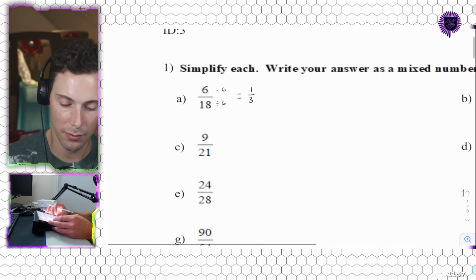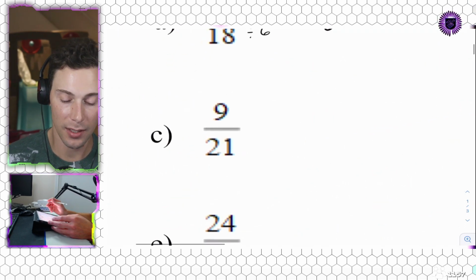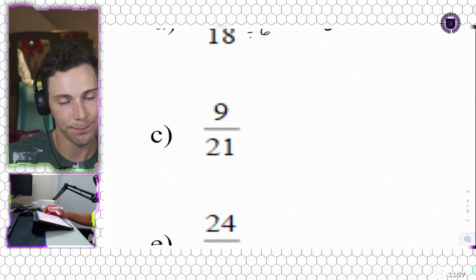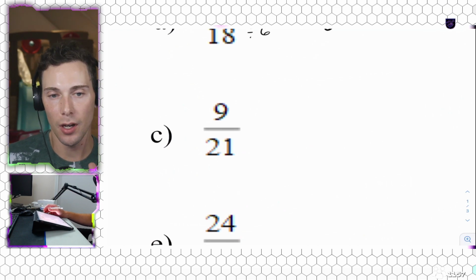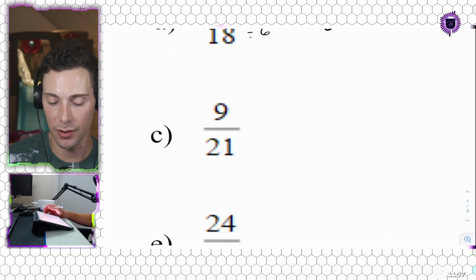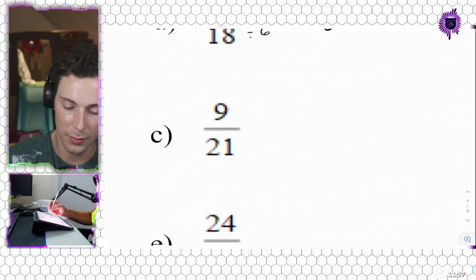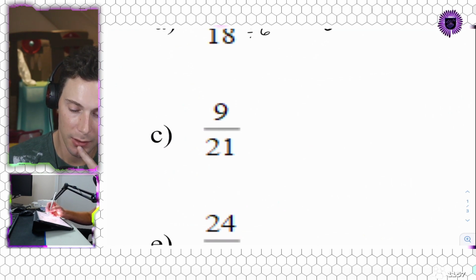Question number 1c, 9 and 21. Now this one, they have a common factor, but they are not multiples of each other. 21 is not a multiple of 9. So let's look at the greatest common factor. Let's do our ladder method, 9, 21.